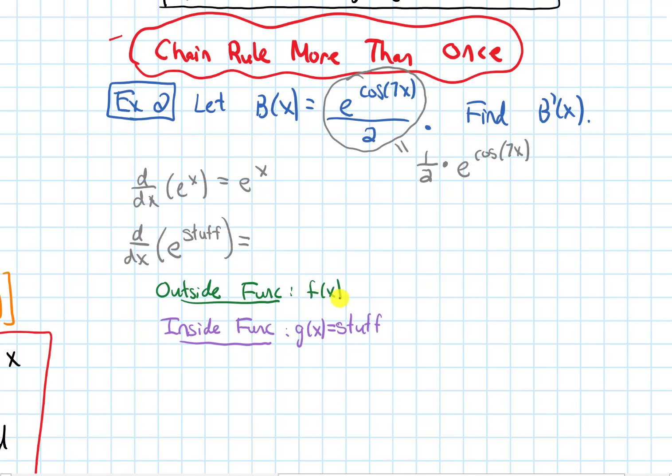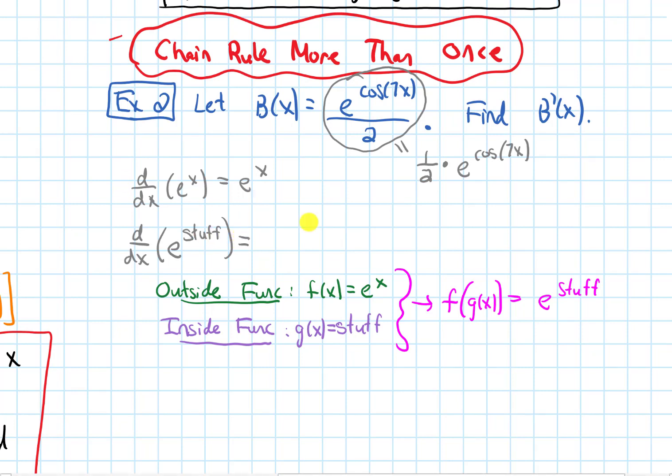That is my outside function. f of x is e to the x. Because if I verify this now, and I write f of g of x, I have to plug g of x, which is the stuff, into f of x. So wherever the x is, I have to plug this stuff in, and that gives me e to the stuff. And that's my function. It's e to the stuff. So I do have a composition of functions.